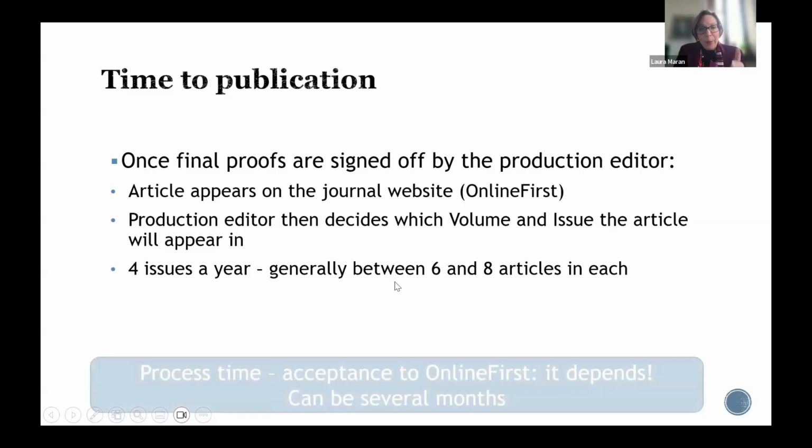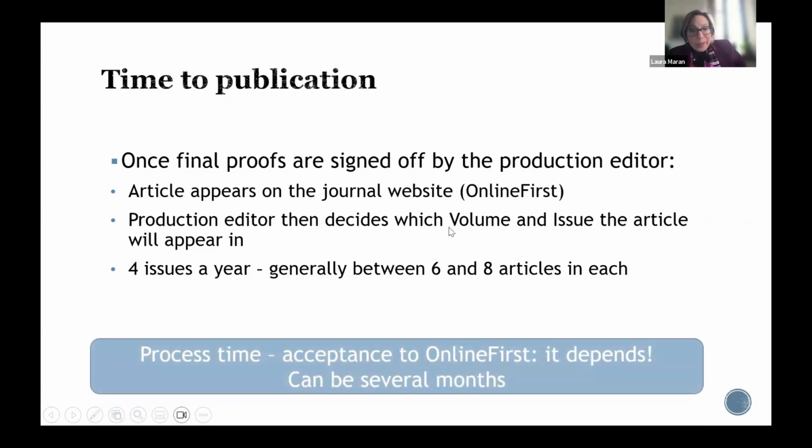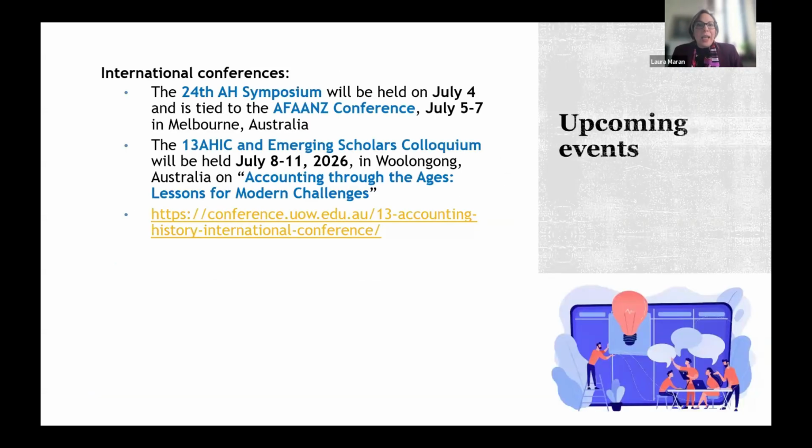It depends, but in terms of process time, from acceptance to online first, so the actual DOI identification, it depends on the timing that is in part imposed by SAGE Publications, in part by how quickly authors fix the editorial style guidelines. It can be several months. Okay, and this needs to be taken into account if you are targeting this journal.